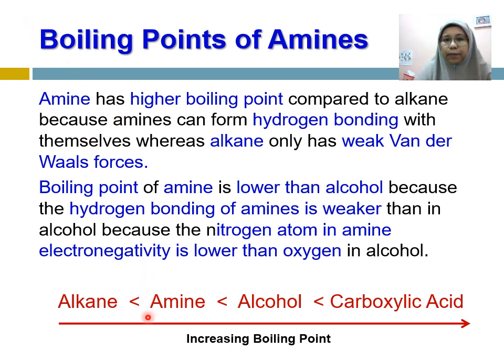So if we look at the increasing boiling points here, alkane has van der Waals forces. Amine has hydrogen bonding with N. It's lower than alcohol because oxygen has higher electronegativity compared to N. Carboxylic acid would have a higher boiling point because it has the structure of a dimer. For one compound, it can form as much as 2 hydrogen bonds between each other.